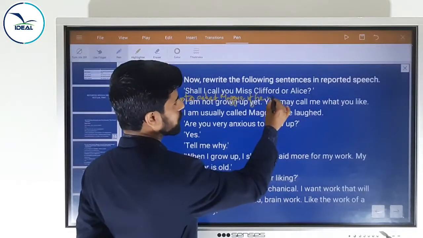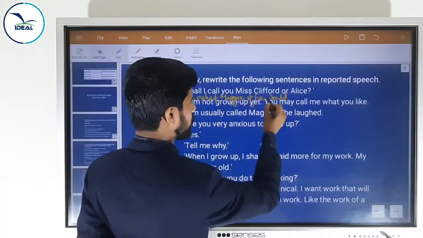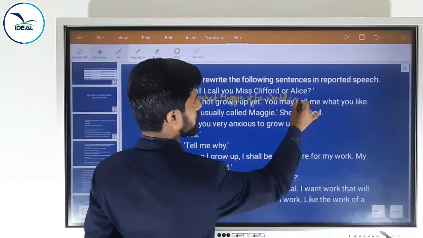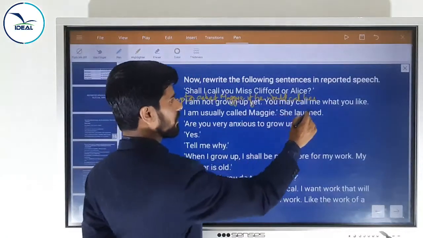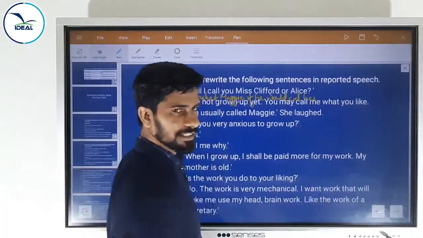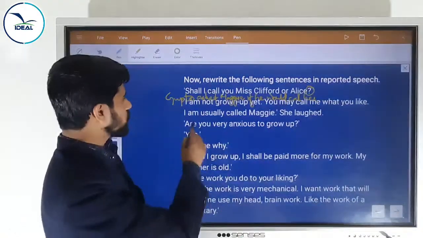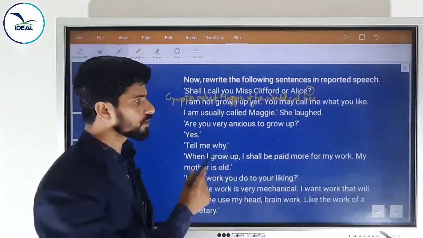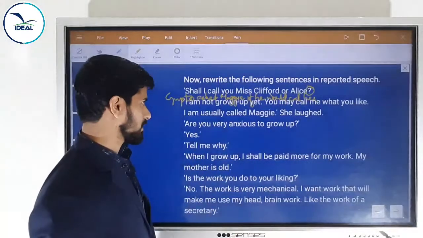You can write would call too, or should call also. If he would call her, instead of you write her, Miss Clifford or Alice. Remove the question mark. That's it. So Gupta asked Maggie if he should call her Miss Clifford or Alice.